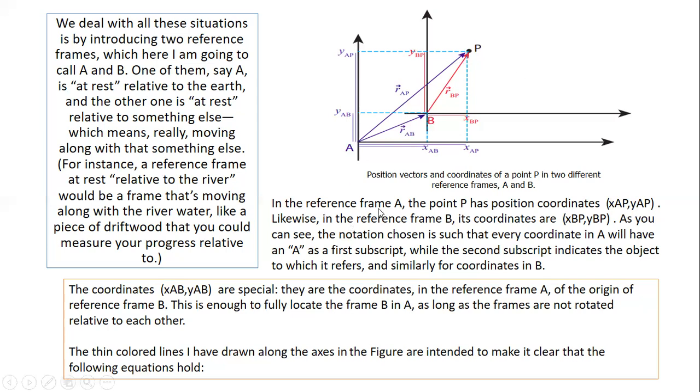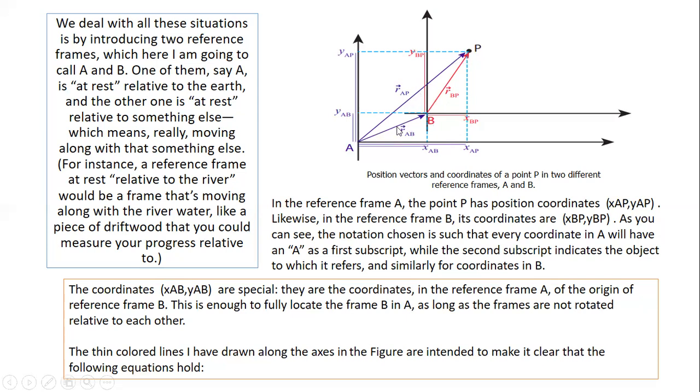In the reference frame A, the point P has position coordinates X_AP, Y_AP. Likewise, in the reference frame of B, its coordinates are X_BP, Y_BP.